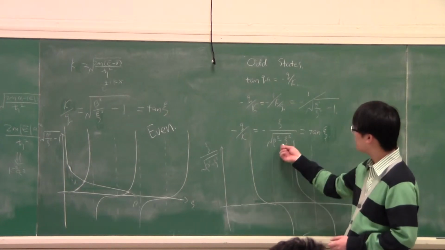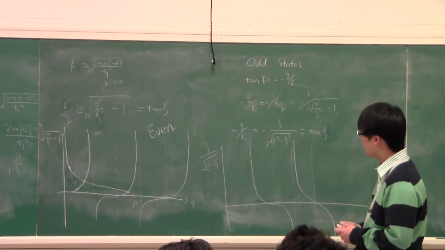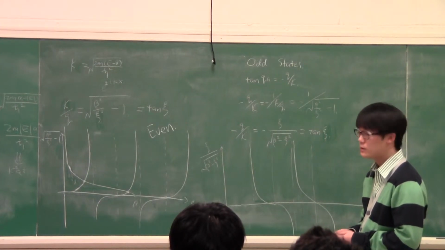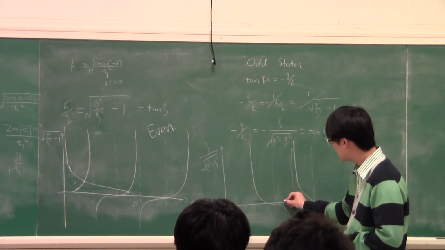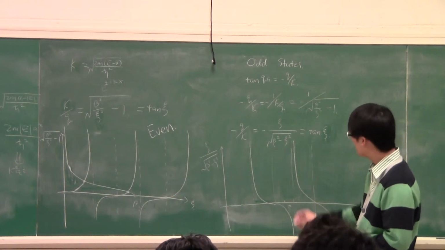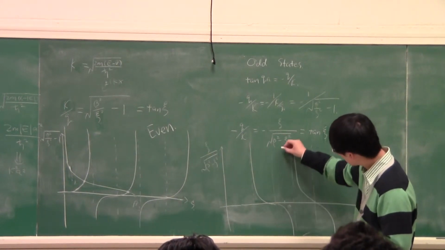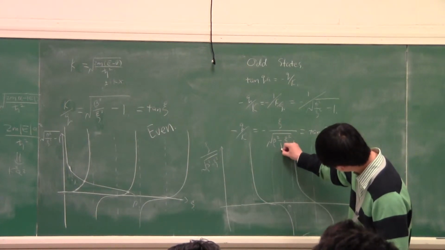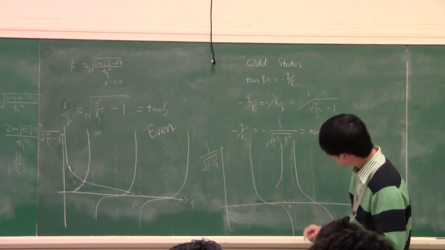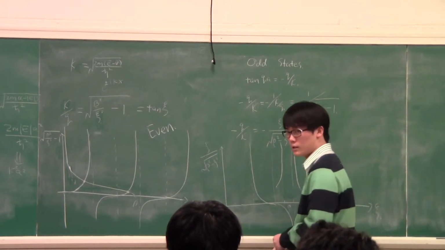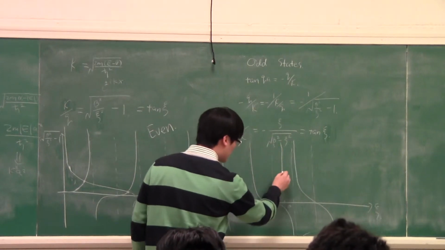Now, what does this function look like? Again, at beta, it's going to blow up. So if I fix beta somewhere, say here, there's going to be an asymptote here. And then at 0 it goes to 0. So we just connect them with some imaginary smooth curve.